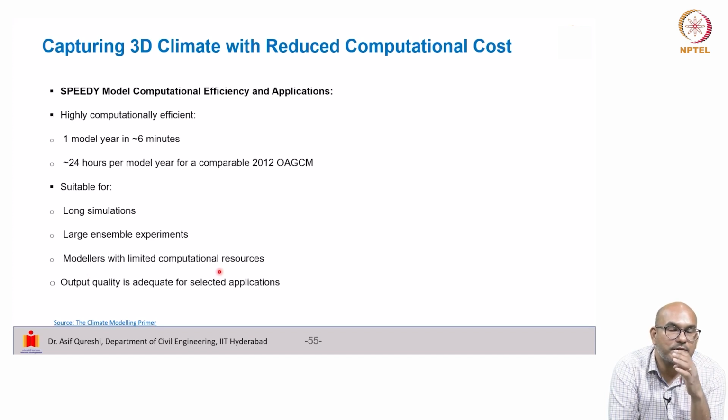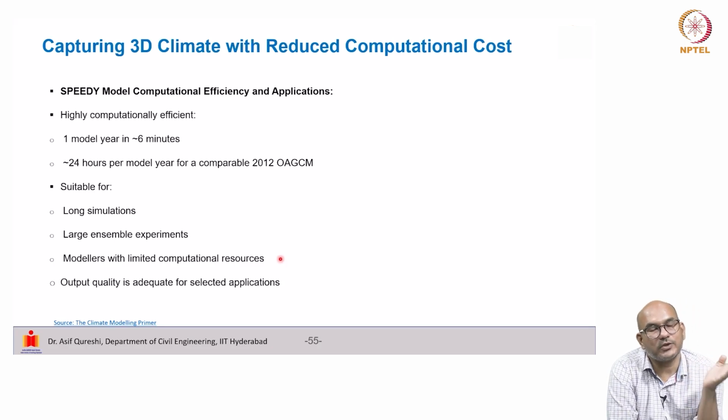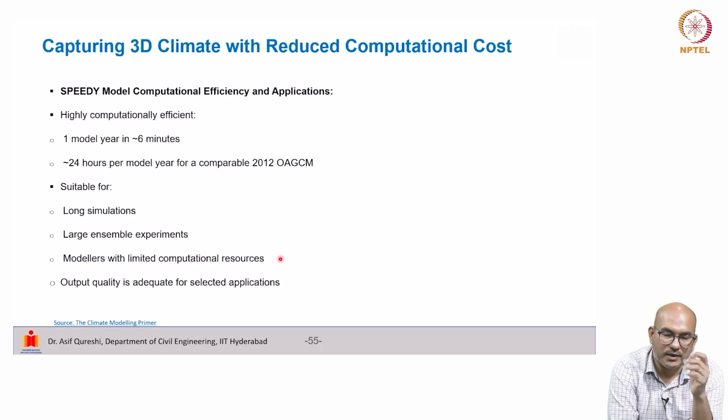When your computational resources are limited, instead of going after full global circulation models, which we will not be able to run anyway, we can go with any suitable intermediate complexity model, because then we are capturing the essential components of climate that need to be modeled, but we are able to run it on the computational resources available to us.